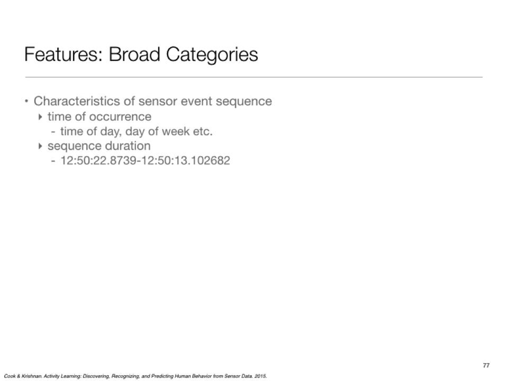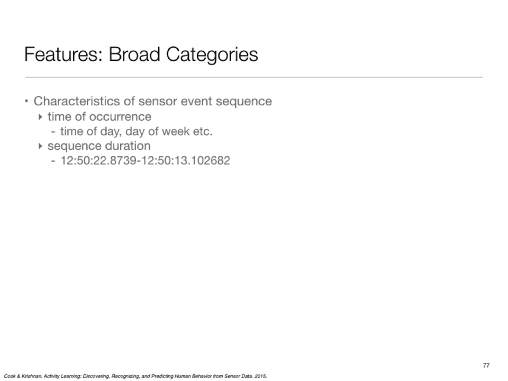So if the sensors are event-oriented, then features may simply be things like time of occurrence, like time of day or day of week, because they correspond to something about the human life pattern, right?